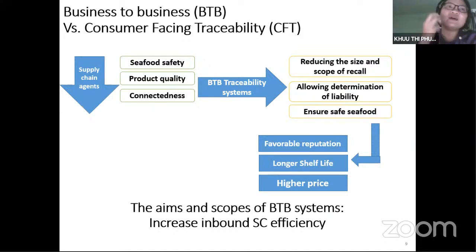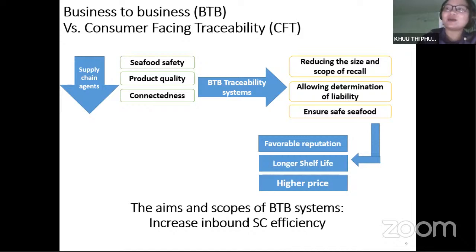They are thinking about their activities, their operation, and their business. So that's why I always said that they will consider how to maintain, how to reduce the cost, and how to maximize the profit. That's why they try to establish a B2B system, for what?